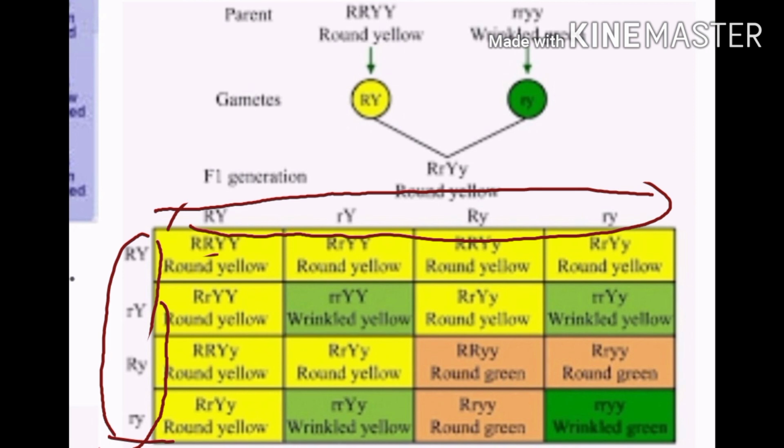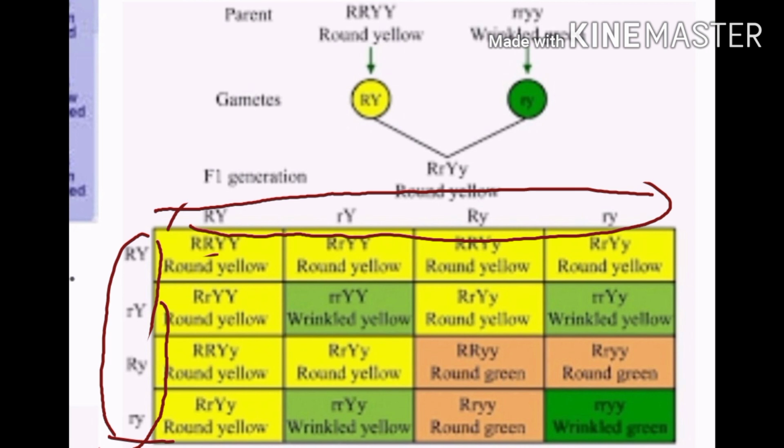You are aware that the alleles of the genes will assort during reproduction. As a result, we are getting one copy of each trait. Now, this will undergo recombination and will produce different types of progenies of the F2 generation.